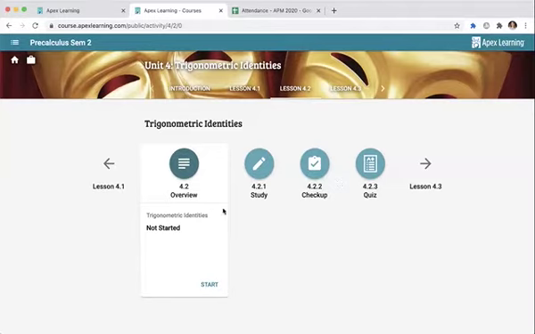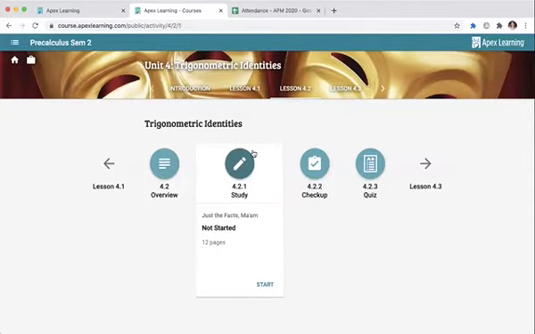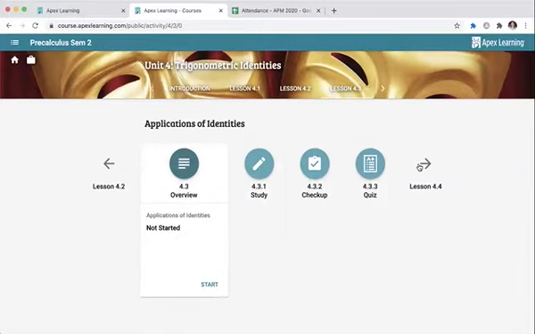So I would really make sure you set aside some time to go through this on Apex. Yes, watch the lecture, but make sure you really go through this because it's 12 pages and it's got a lot of new equations real quickly.